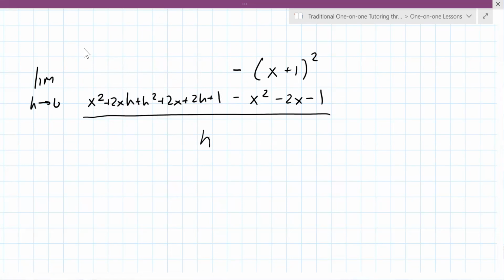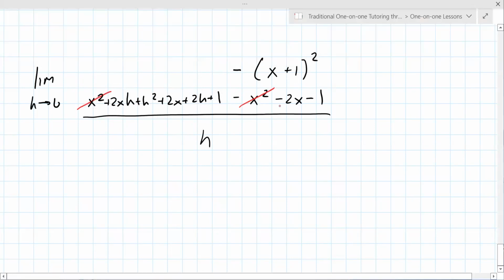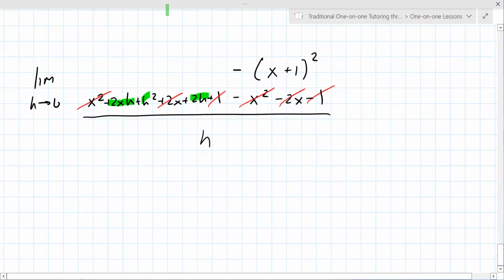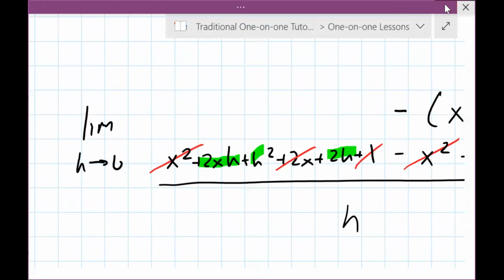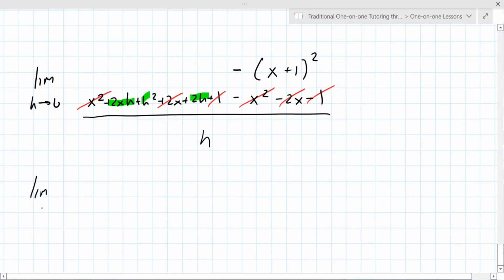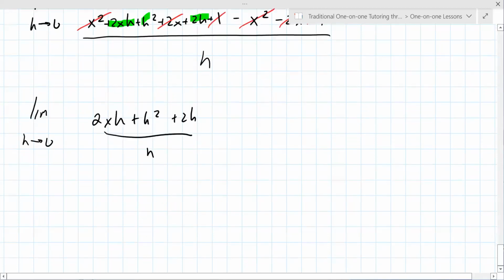The x squareds cancel, the 2x cancels, and the 1s cancel. So everything left over has an h in it: 2xh, h squared, 2h. So you get the limit as h goes to 0 of (2xh plus h squared plus 2h) over h. And this is when you can actually divide. So it's 2x plus h plus 2. And then you put 0 in for h, not x.